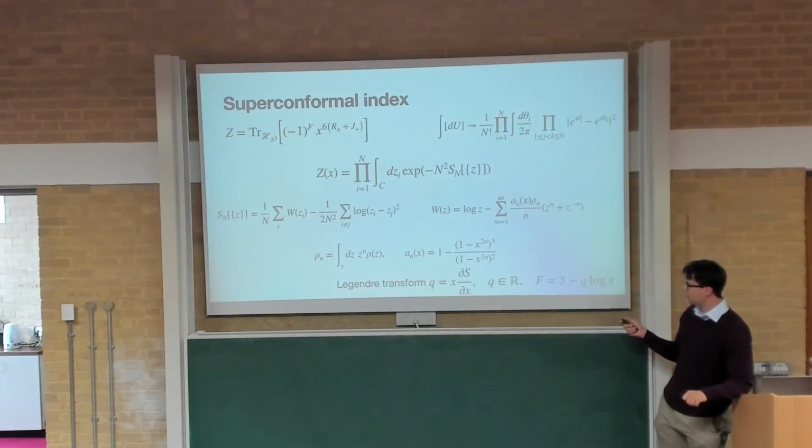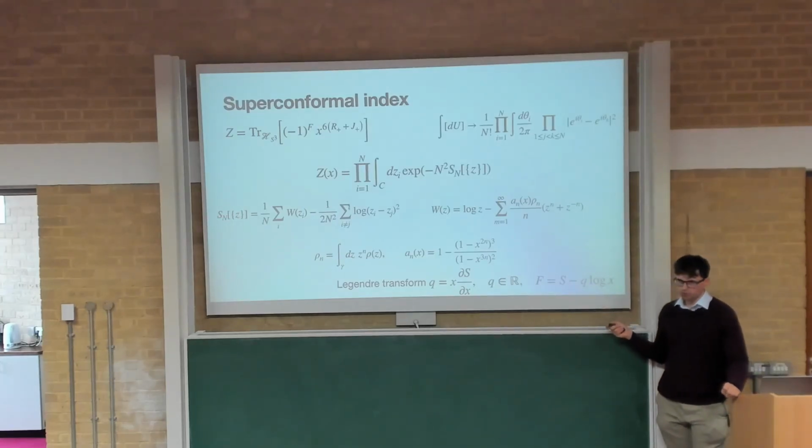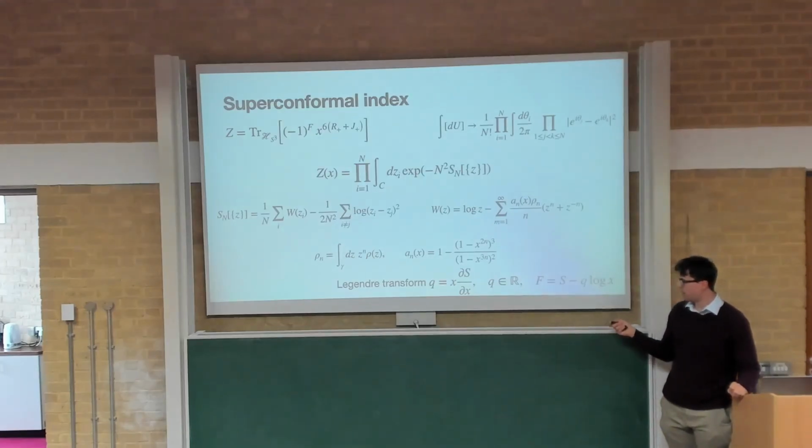So our approach will be to find the saddle point of this action, and then the prescription for finding black hole saddles is to find the charge and set the charge to be real, and then we can calculate the free energy via Legendre transformation.